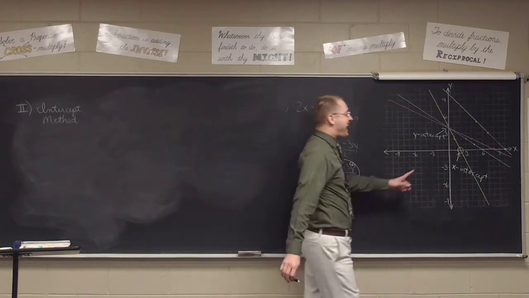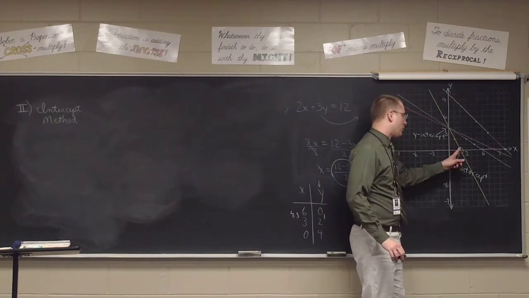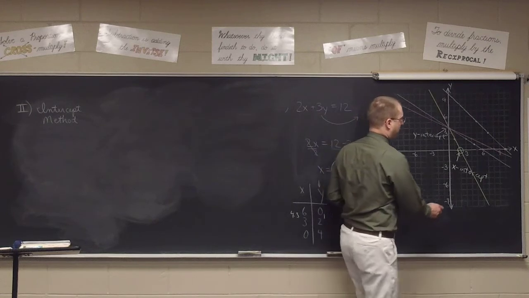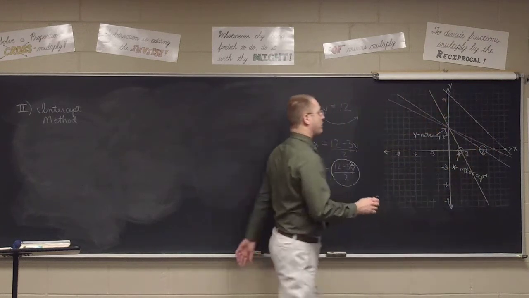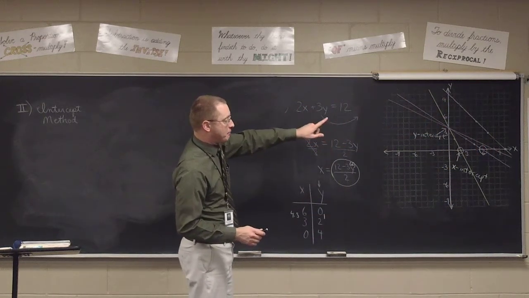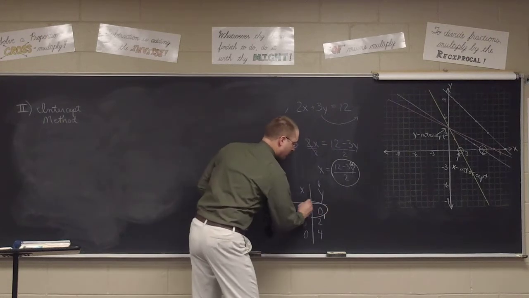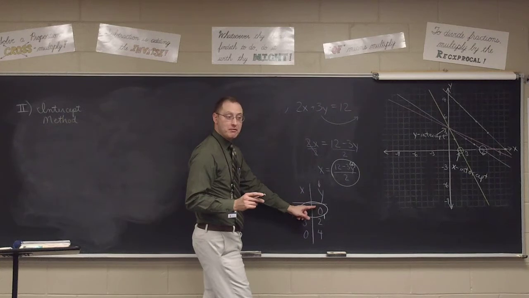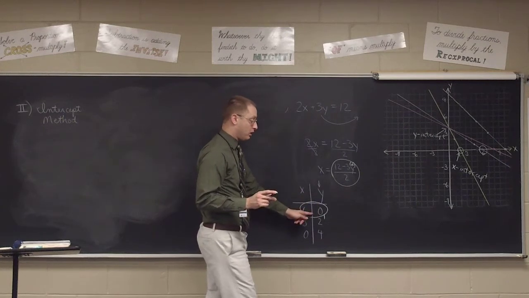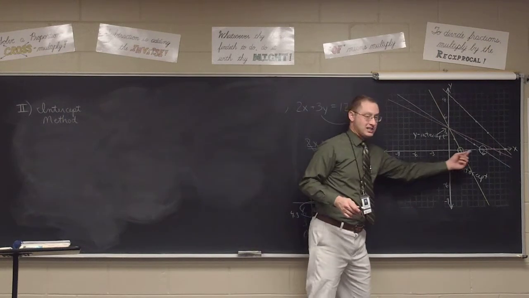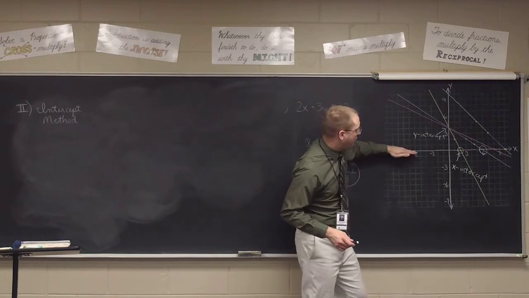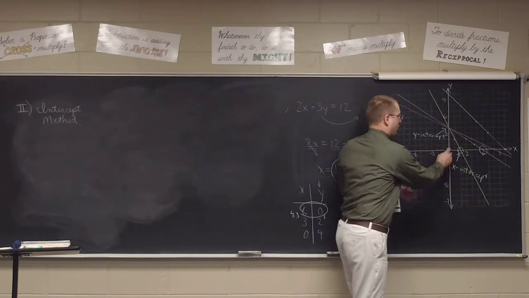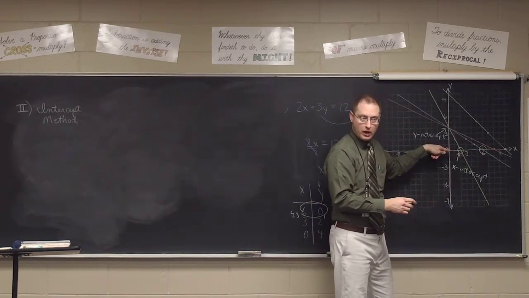Here's the deal. Where you have an x-intercept, for this point, let's go with the purple line actually. Well, the x-intercept is that point 6, 0. And in fact, anytime the y value is 0, the line would have to cross the x-axis, right? Because for every point on the x-axis, the y value is 0, correct?